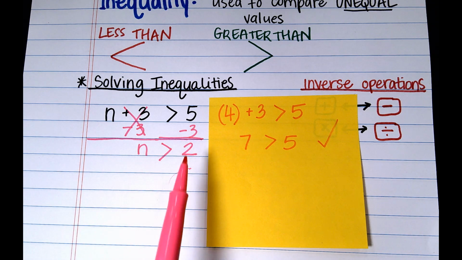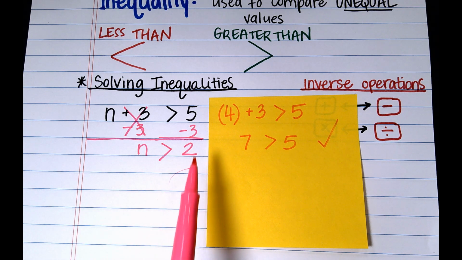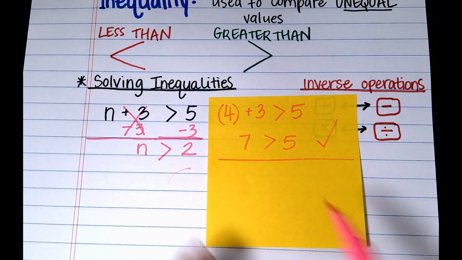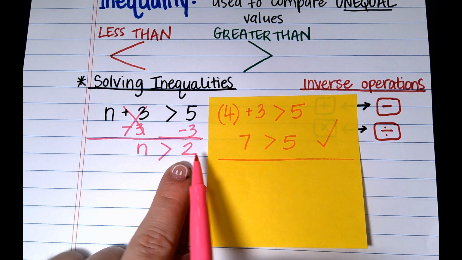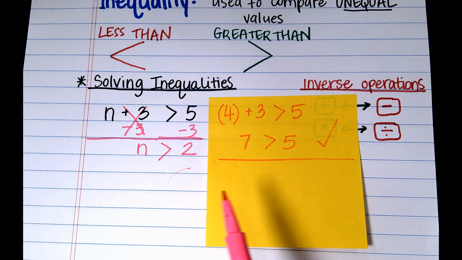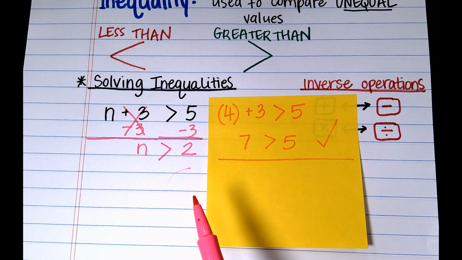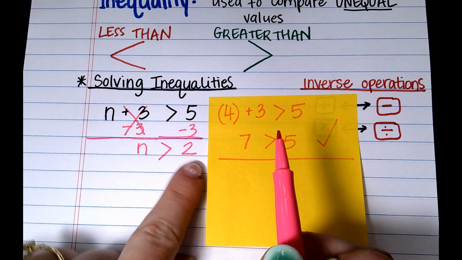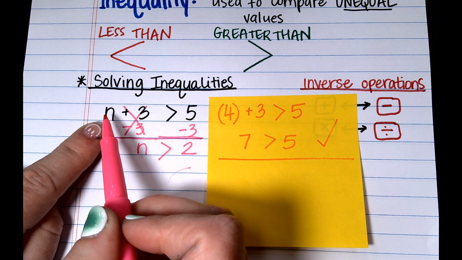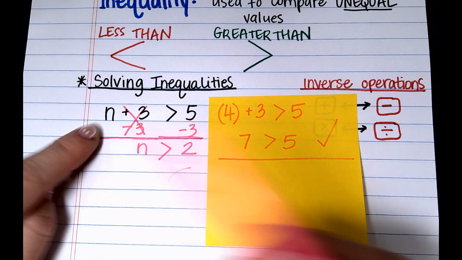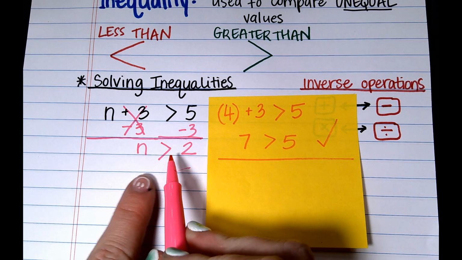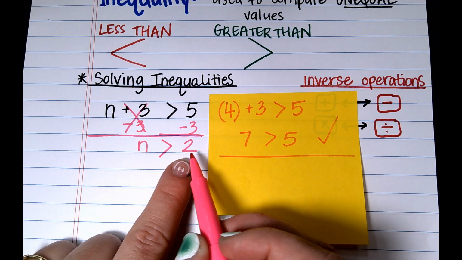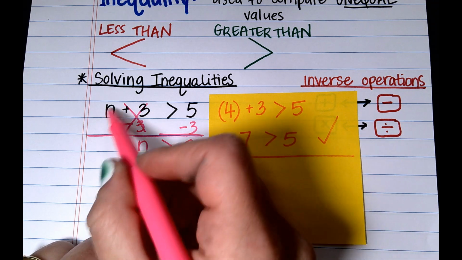Now, what if we tried to use 2 for n? Could we? Could 2 be a value for n? We can try, like, can I use the number 2? Let's see. Let's see if n really does have to be bigger than 2. So what if we use 2?